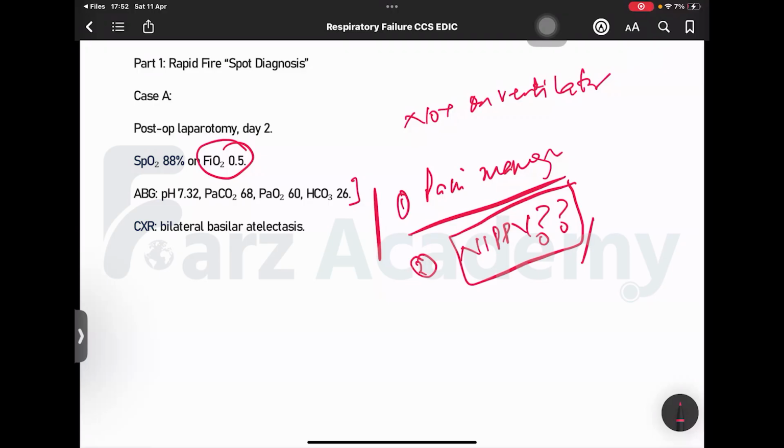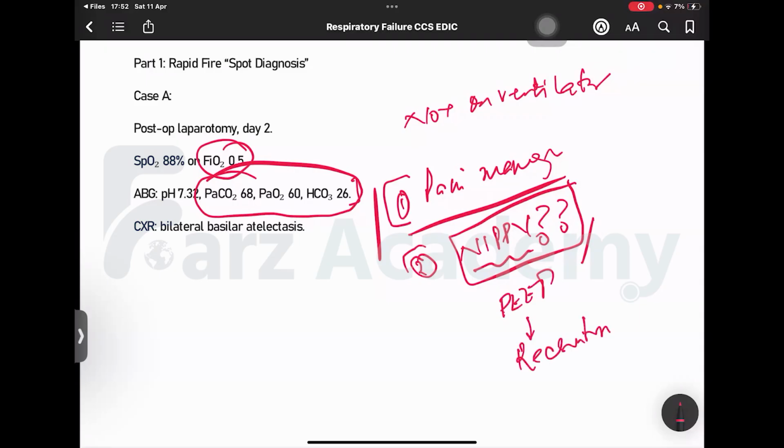Great. So we would like to make a baseline assessment of where the patient stands. This looks like inappropriate ventilation because of elevated carbon dioxide, likely due to pain. So step one is to optimize the pain control. Second is to utilize non-invasive positive pressure ventilation. And then of course, we would like to use some degree of PEEP to assist in recruitment of the lung.